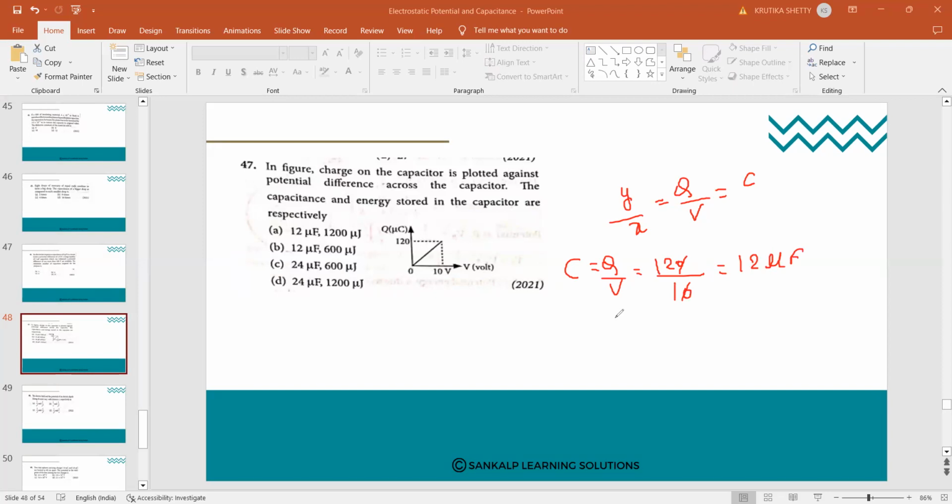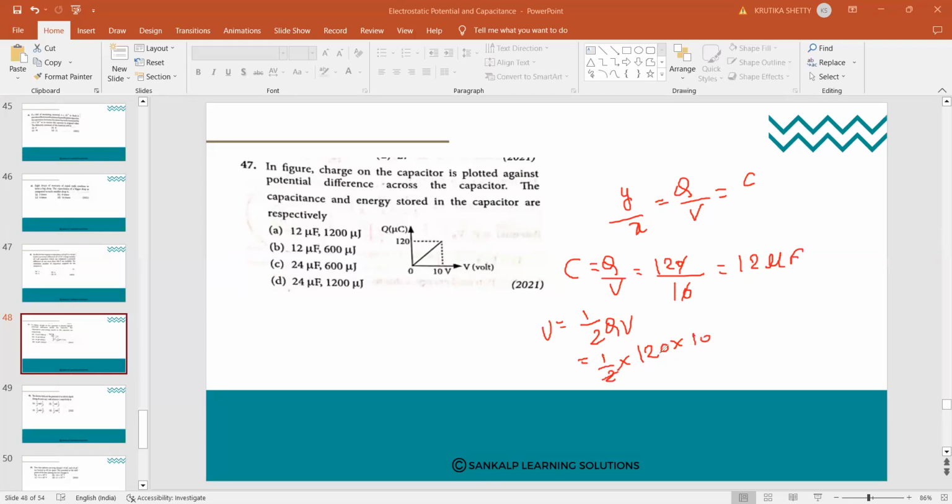This is the capacitance value, 12 microfarad. Now let us see about the energy. Energy is equal to half qv. I'll take the formula, 1 by 2 q v. The q value is 120 and the v value is 10.